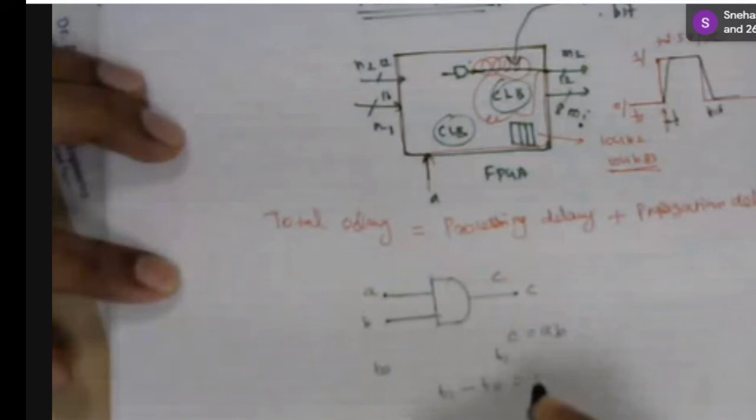Another one is the sequential circuits. The combinational circuit has no further classification, so it is only the combinational circuit. But the sequential circuits are of two types: synchronous sequential circuit and asynchronous sequential circuit.